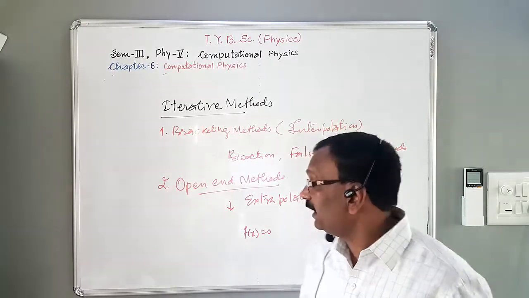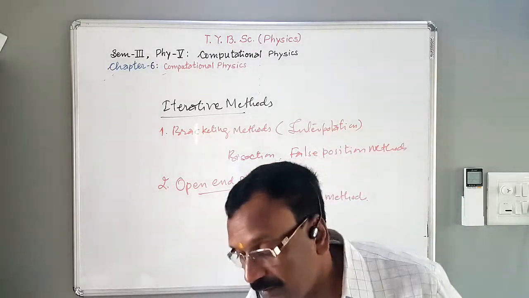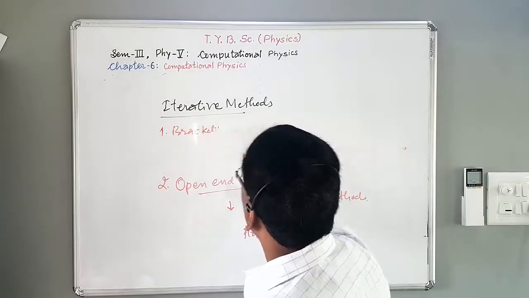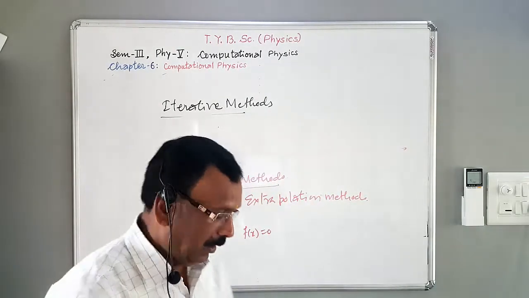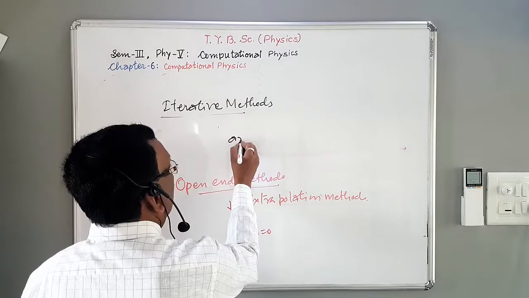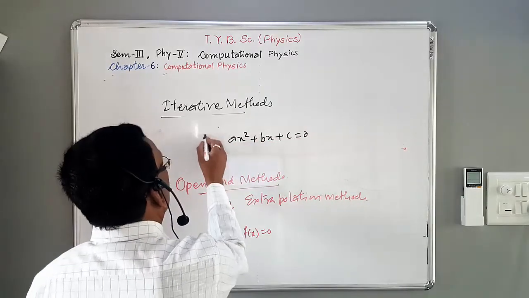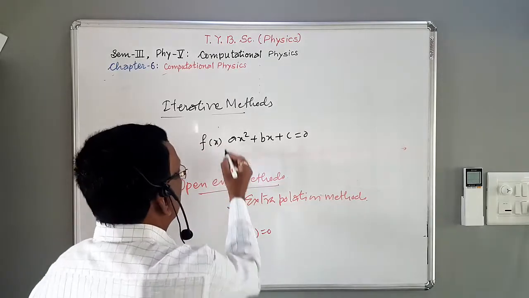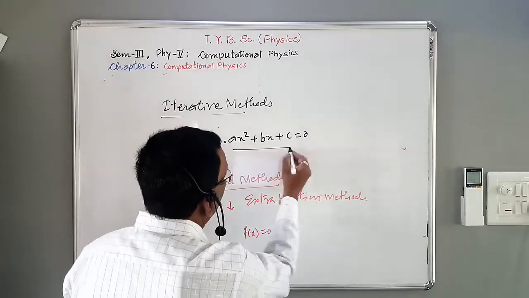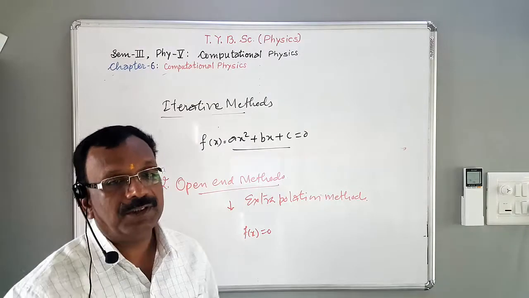When the equation is in quadratic form, quadratic form means a x square plus b x plus c is equal to 0. This is the quadratic form of a given equation.